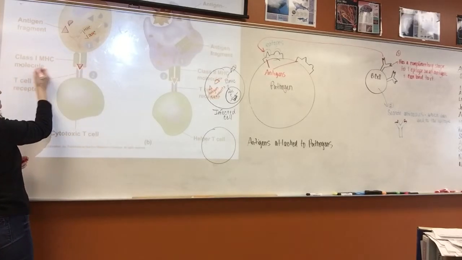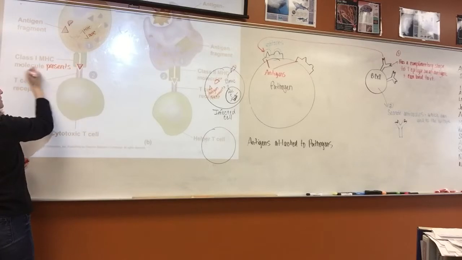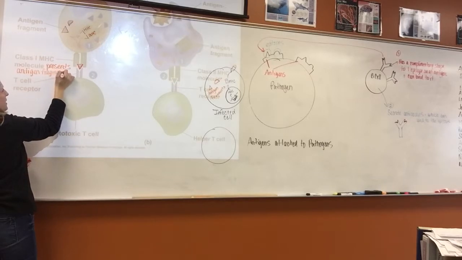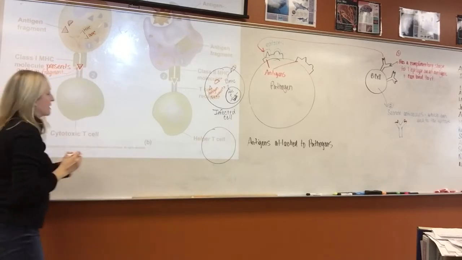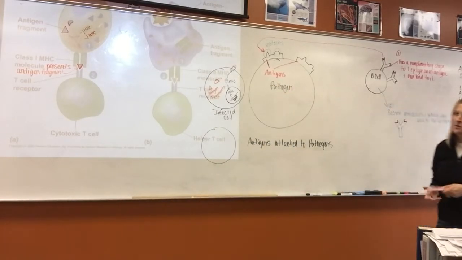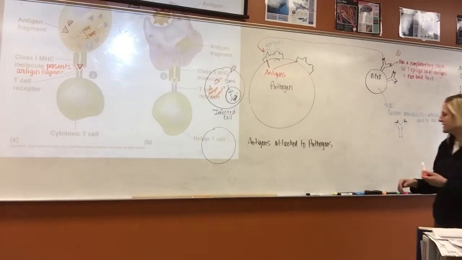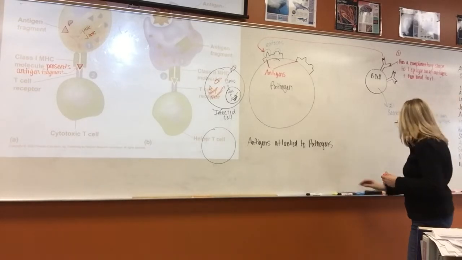So the class 1 MHC molecule presents the antigen fragment. And that's the antigen fragment right there. And that's how we know the cell is infected. So what comes next is the cytotoxic T cell.